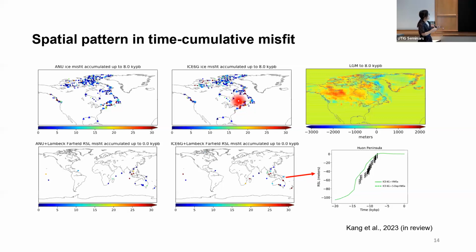For example, the ICG cannot fit well in this region. Also, the ICG, to fit the far field, they have a shift here. It looks like there is not enough ice melted into the water in ICG to fit the far field relative sea level data.